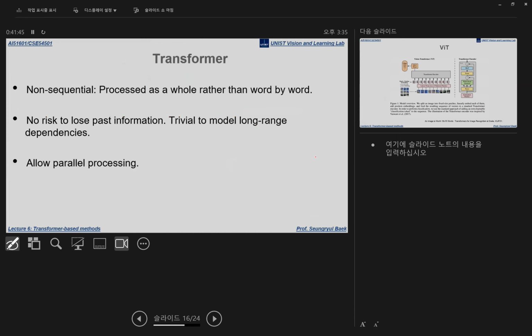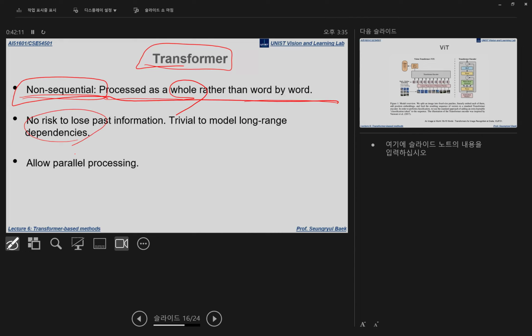That's the transformer architecture. The transformer's encoders are non-sequential, so they can process the input as a whole rather than word by word. The sequence-to-sequence model composed of LSTMs processes feature encoding in a sequential way, while the transformer can be robust by processing in parallel. And also, there is no risk of losing past information.